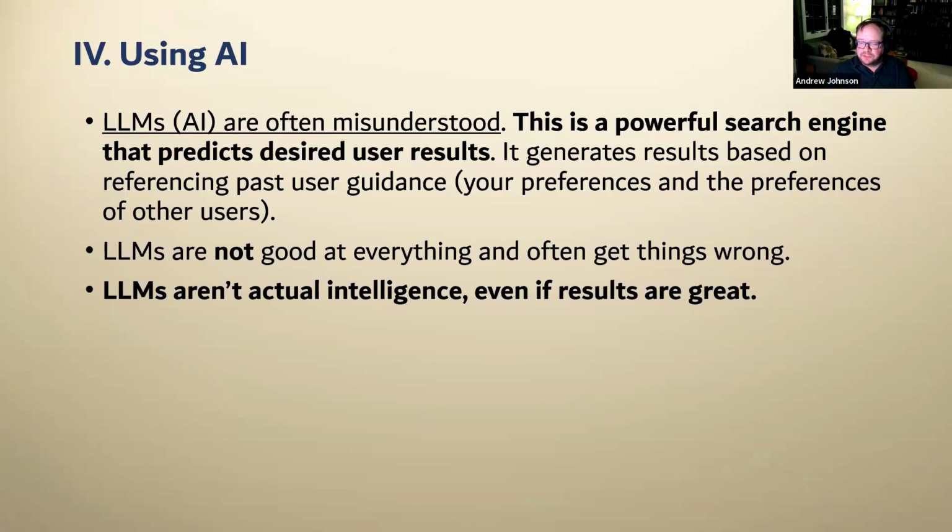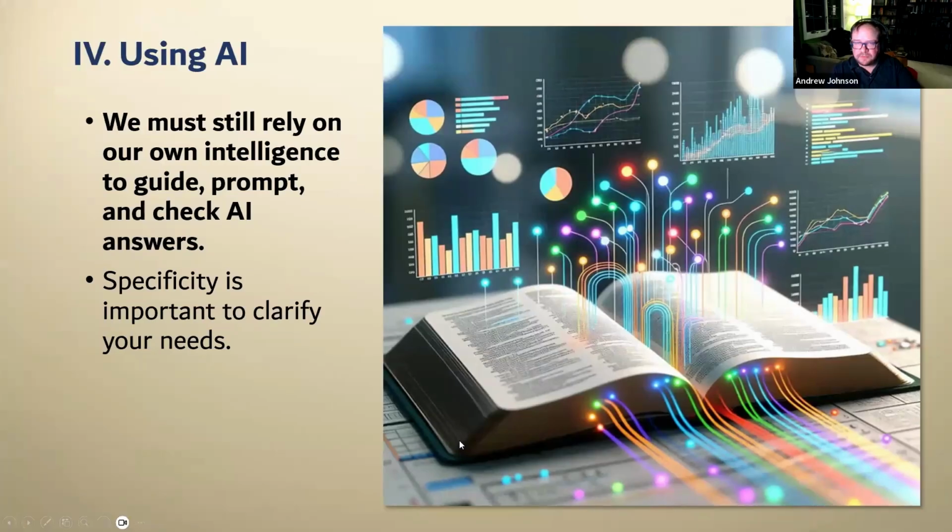Now, it's important to note that LLMs, AI, they are not good at everything, and they often get things wrong. And it's also important to note that AI, artificial intelligence, is not actual intelligence. Even if the results you get are consistently very good, it's not real intelligence.